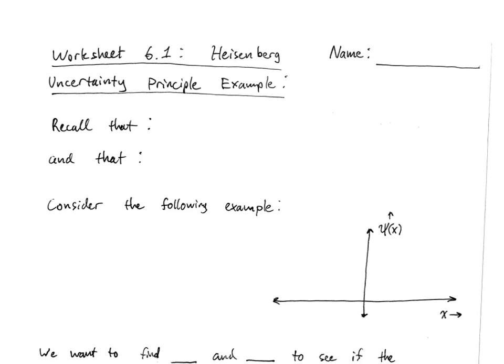Okay, so recall that the Heisenberg Uncertainty Principle involves the standard deviations of position and momentum. And remember that if we've got the standard deviation of some observable A, this is equal to the square root of the average of A squared minus the average of A, squared.